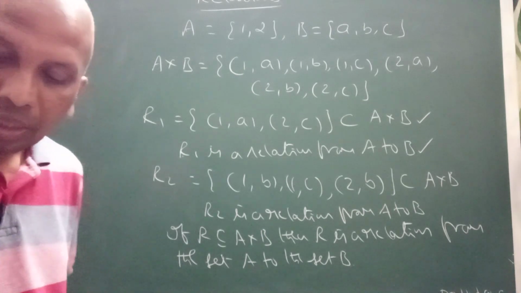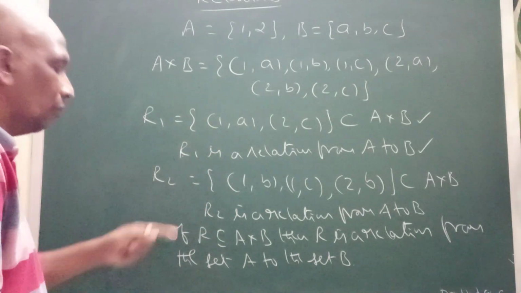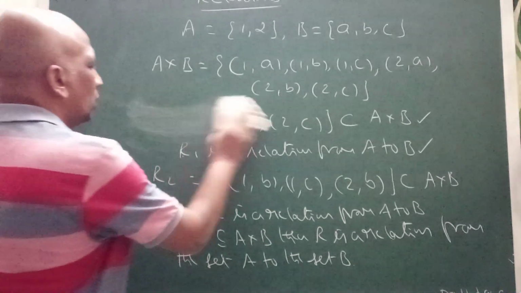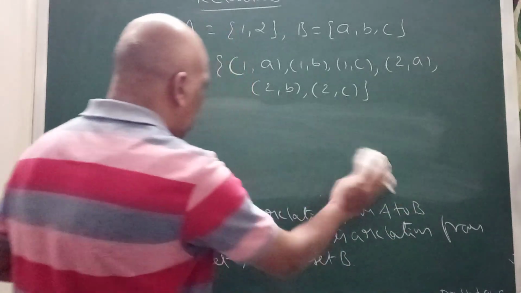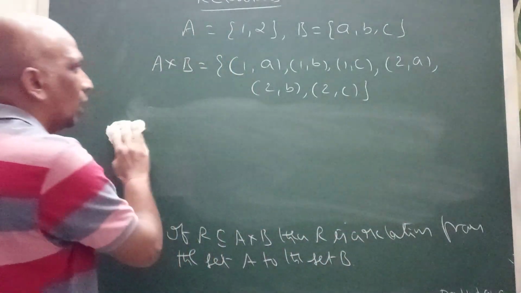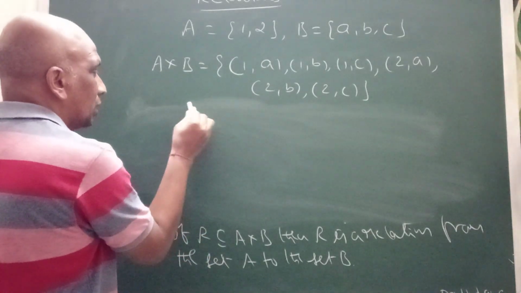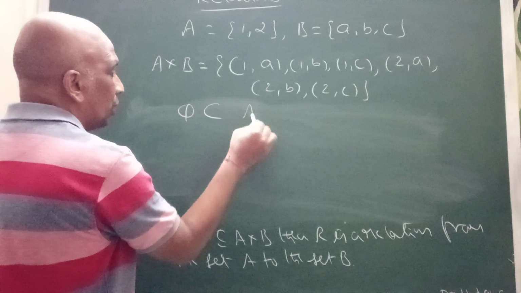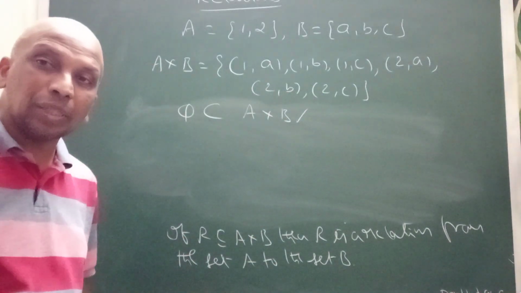Now I have a doubt about subsets. You are saying every subset of A cross B is a relation, right? What about the empty set? The empty set is always a subset of A cross B, right?